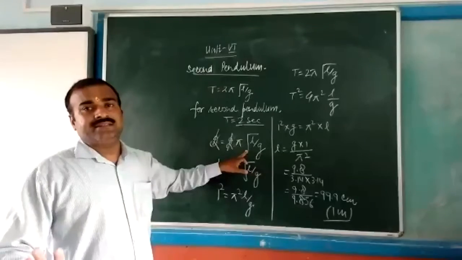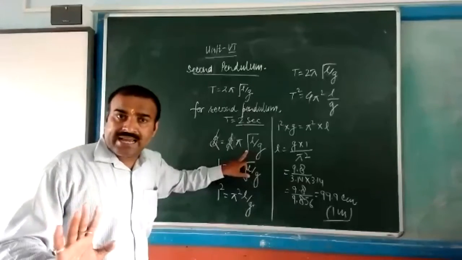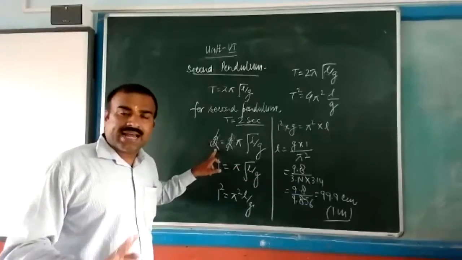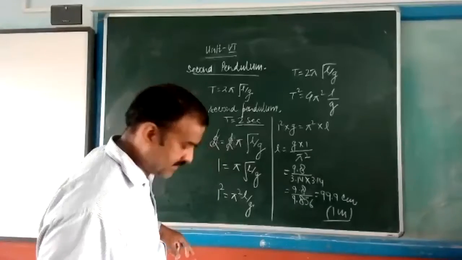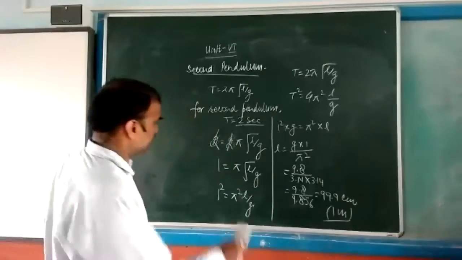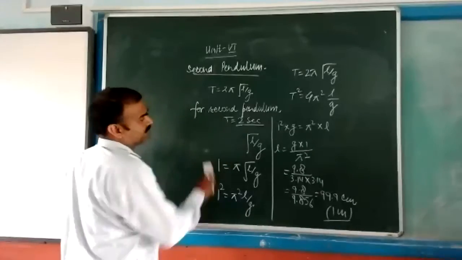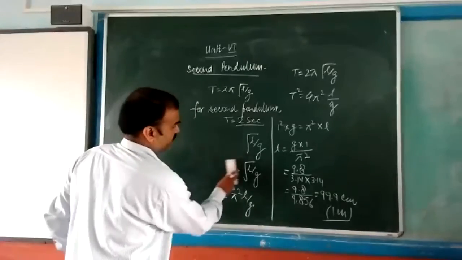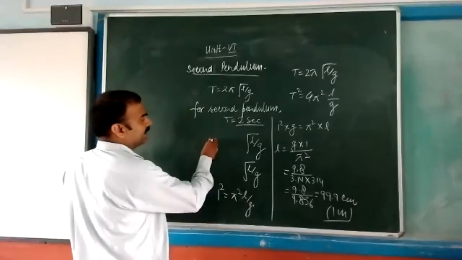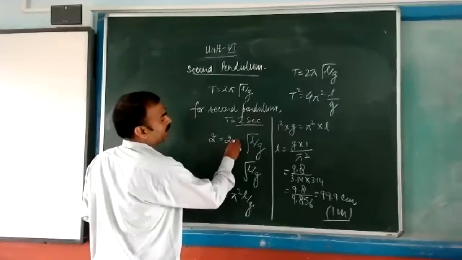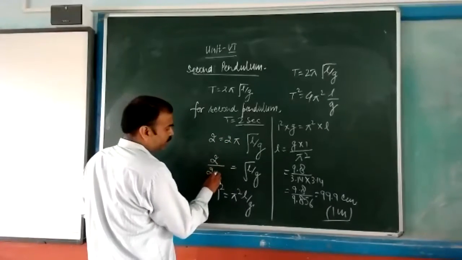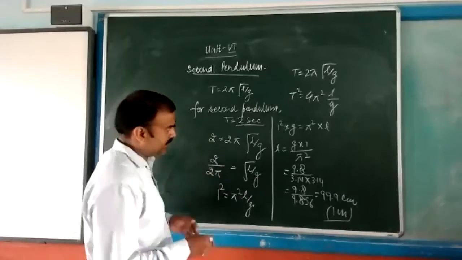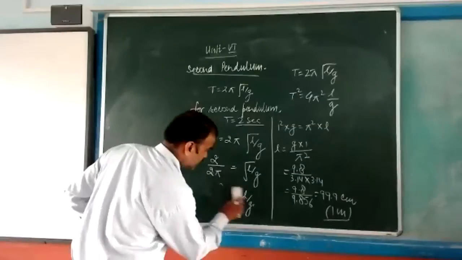Is this line clear? This 2 and this 2 cancel. Or you can also do it like this: 2 equal to 2 pi under root L by G, so you can also take 2 upon 2 pi to this side. Better to do it in this manner.